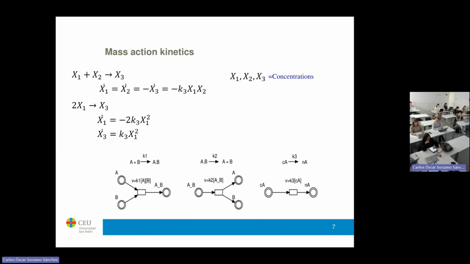The rate of change of the concentration of X1 is the same as the rate of change of the concentration of X2, and it is minus that of X3. X1 and X2 have to bind, so it is the product of the two, with some constant. And because they bind and disappear, there is this minus sign there. This is the mass action equation.